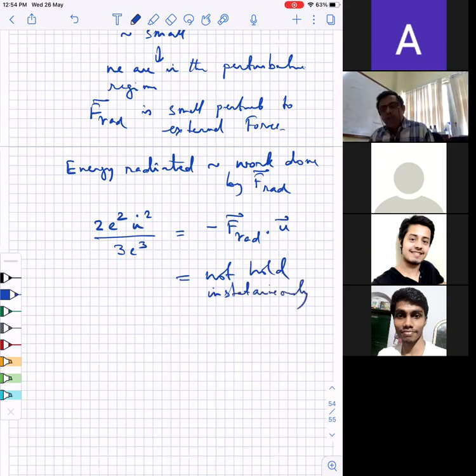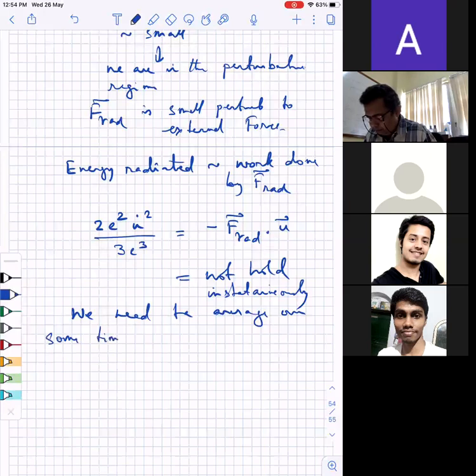So when I use this equation, it has to be in the sense of an average equation. Take a little bit of time, take an average, and over the average the work done by this radiative force must balance the energy radiated. So we need to average over some time, let's say T1.